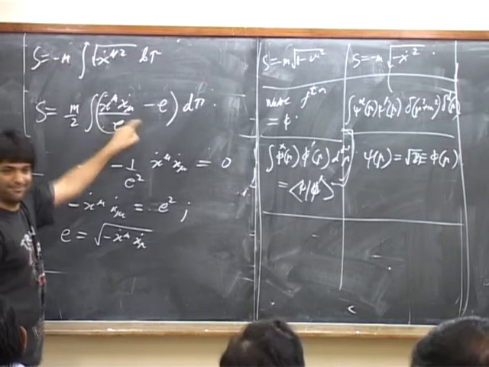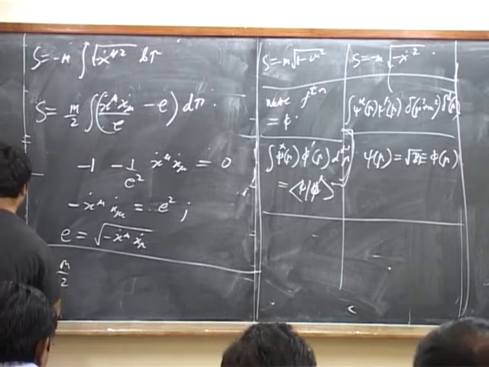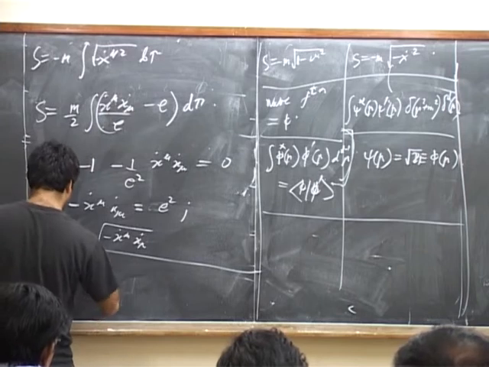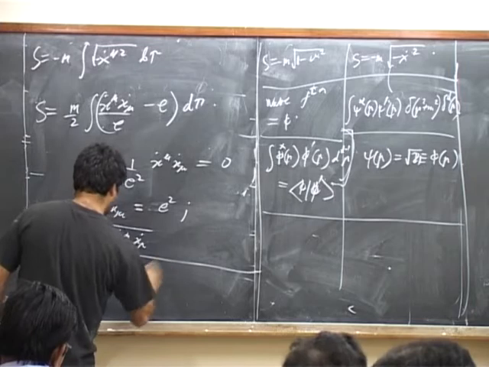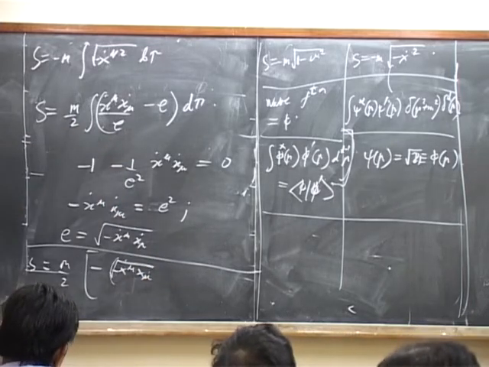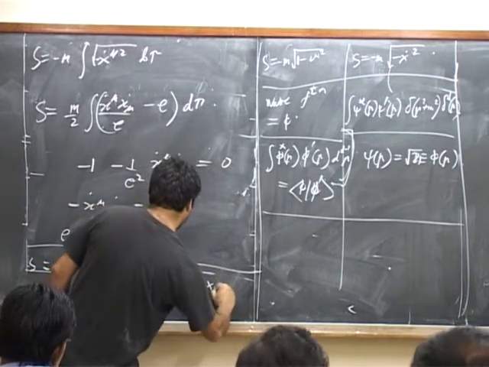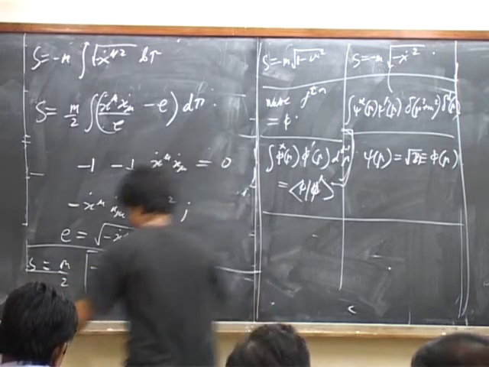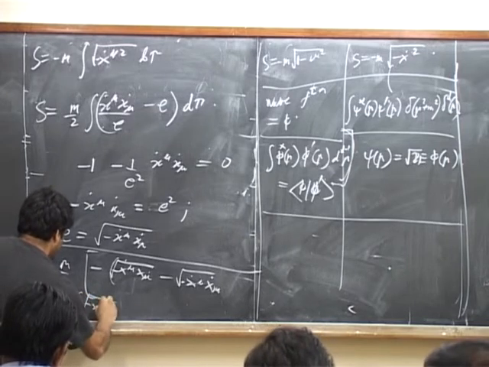Now let's substitute this back into the action. We have m by 2, and then we've got this x mu dot squared, but we write that as minus x mu dot squared, divided by the square root, and then we've got another minus square root of minus x mu dot squared. So the action of the system is simply equal to minus m square root of minus x mu dot squared.